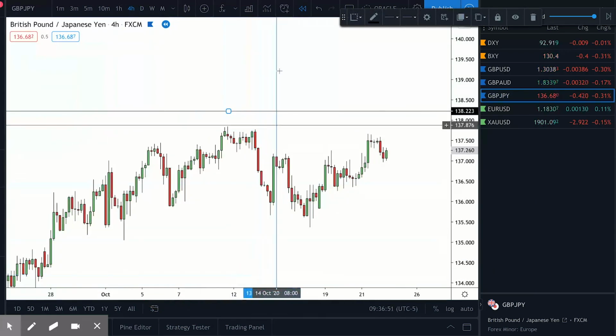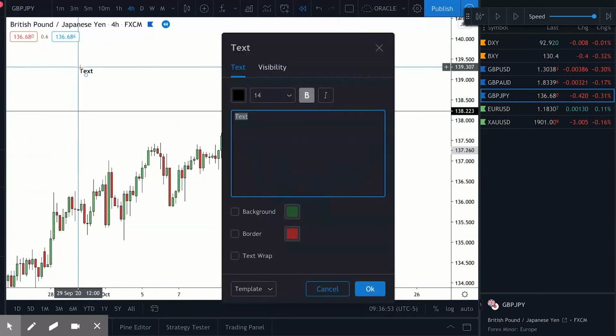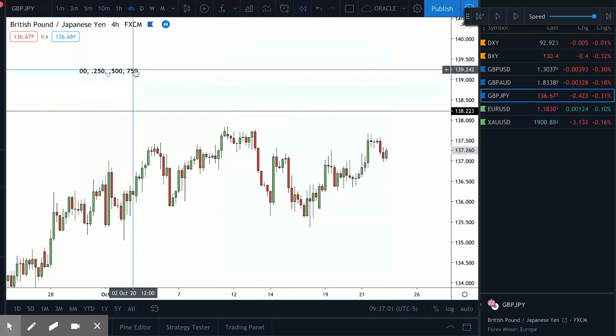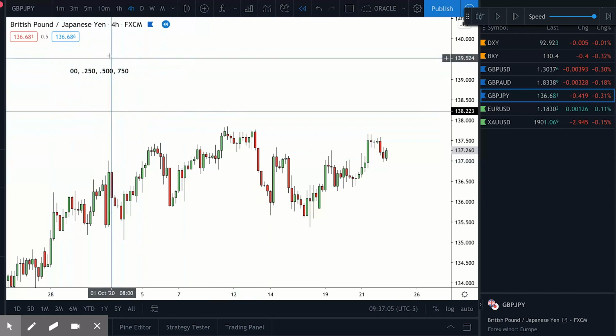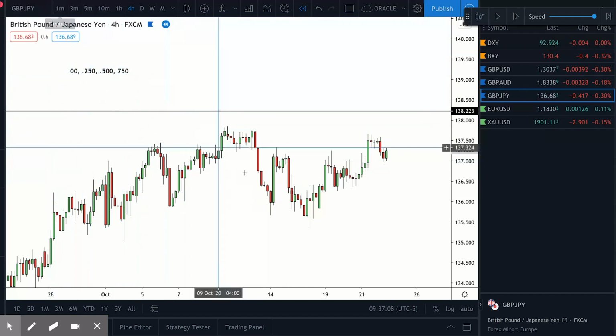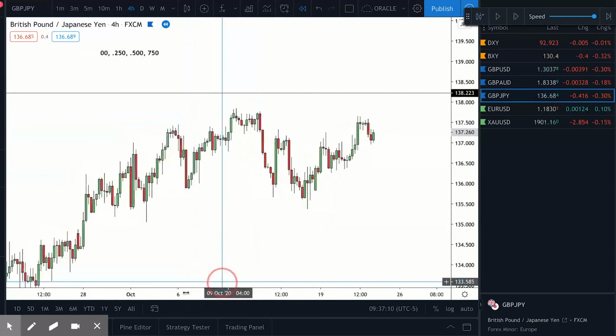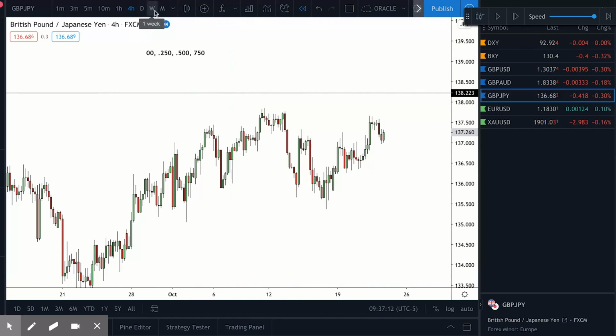So these levels are the levels ending in 0, 250, 500, and 750. And that is all I'm going to be using until I really scale down to the low time frames. So for general trading, this is the monthly, the weekly, the daily, the 4 hour, the 1 hour, the 10-minute even.